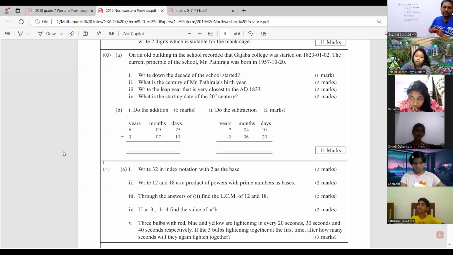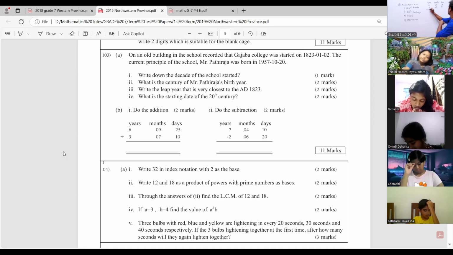The first one: add 6 years, 9 months, 25 days and 3 years, 7 months and 10 days. Addition.